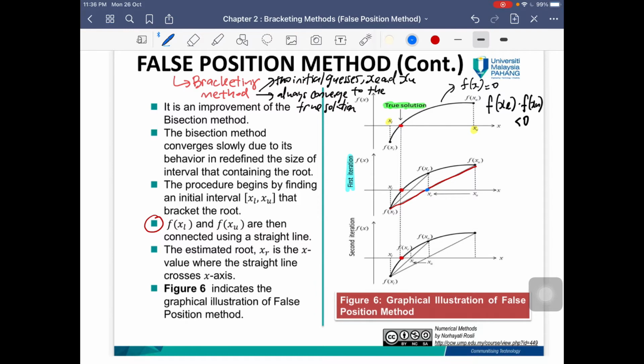To get the formula for SR given by the false position method, the idea is based on this triangle here. We will look at the formula for SR later. After that, the algorithm is similar to the bisection method in order to check whether our root lies in the lower subinterval or upper subinterval.